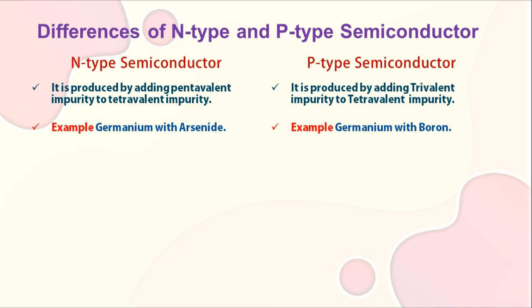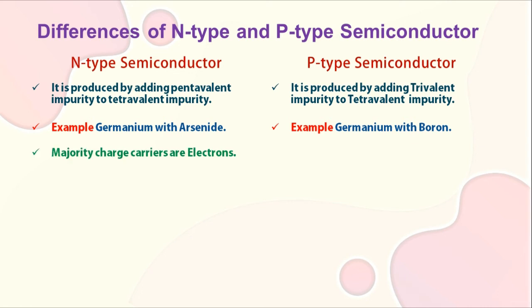You may use either germanium or silicon, because both have 4 electrons in the outermost orbit, so they are tetravalent, and you can use either one. Okay, this is the example.